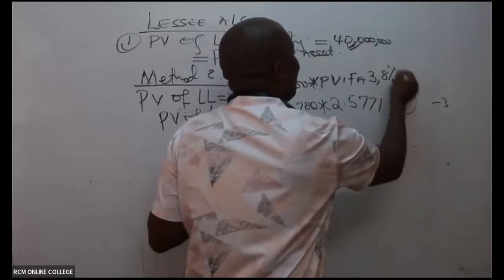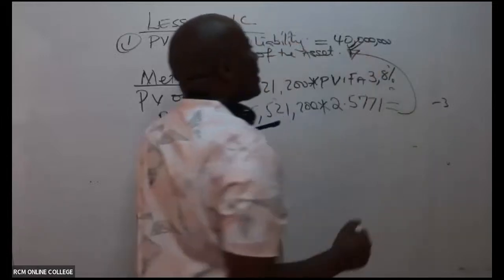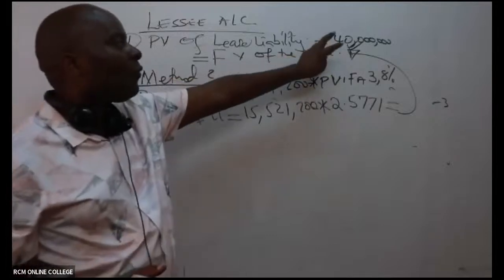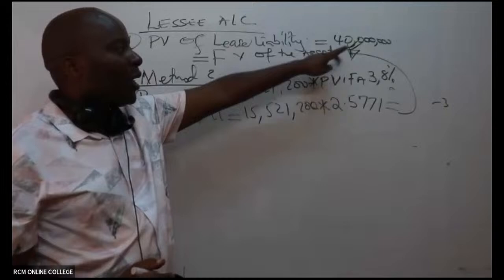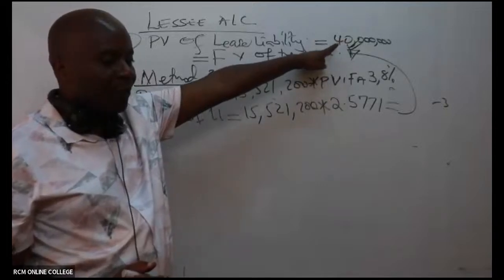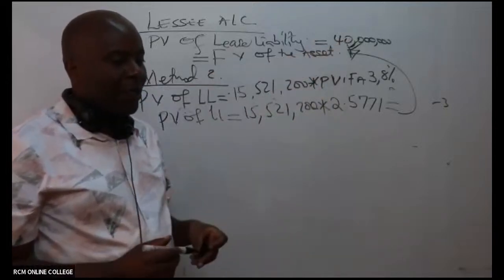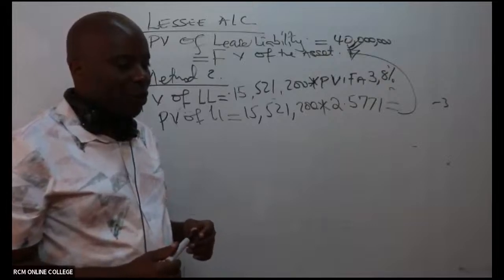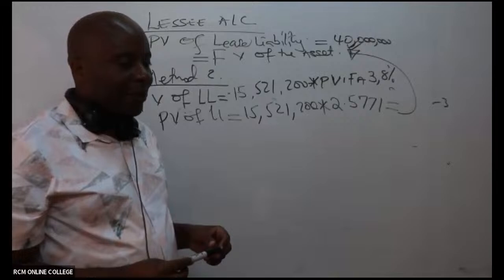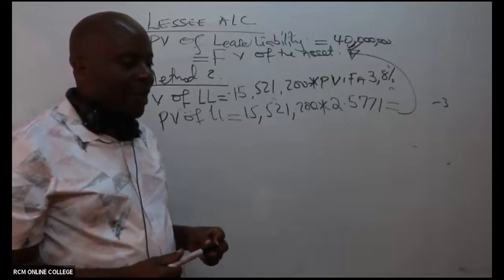If we are correct, we should be able to get an answer that is identical to this, save for a few rounding off errors. We should be able to get 39 million and so on.